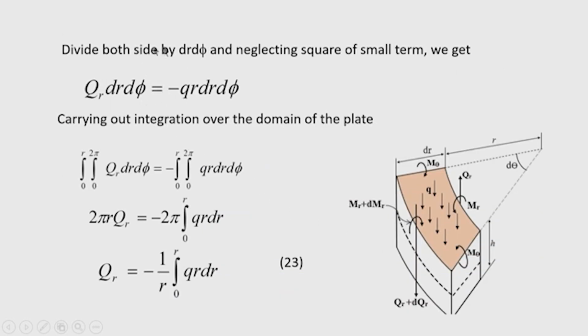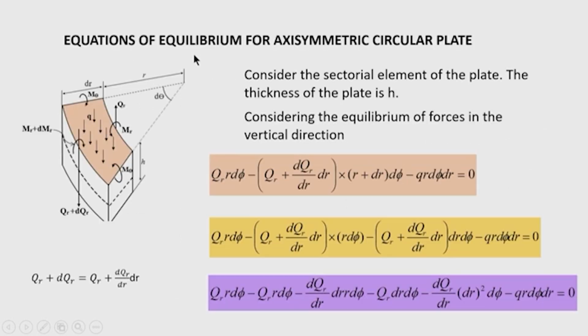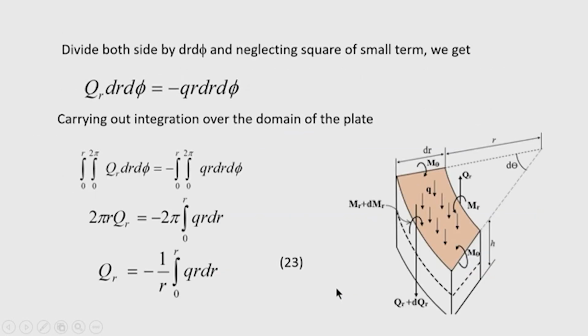Okay. After dividing both sides by dr dφ, we get this equation in this form. Okay. Neglecting the square of the small term.